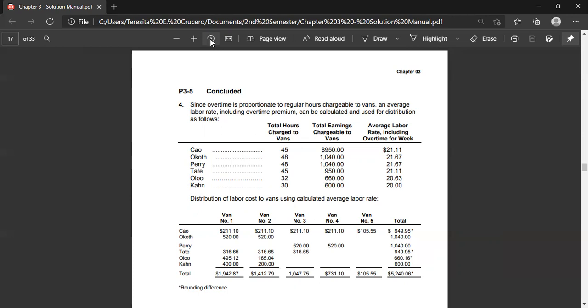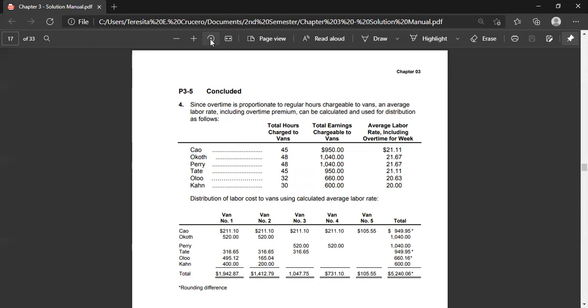So we now have the total hours charged to vans. Actually, these are the productive hours. So for Cow, Ocos, Perry, and Tate, their hours worked were actually distributed to the vans. But for Ulo and Khan, they had idle time, totaling 20 hours.